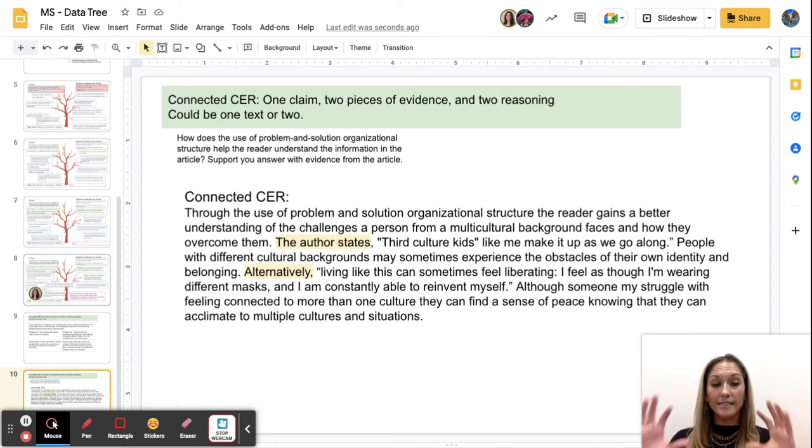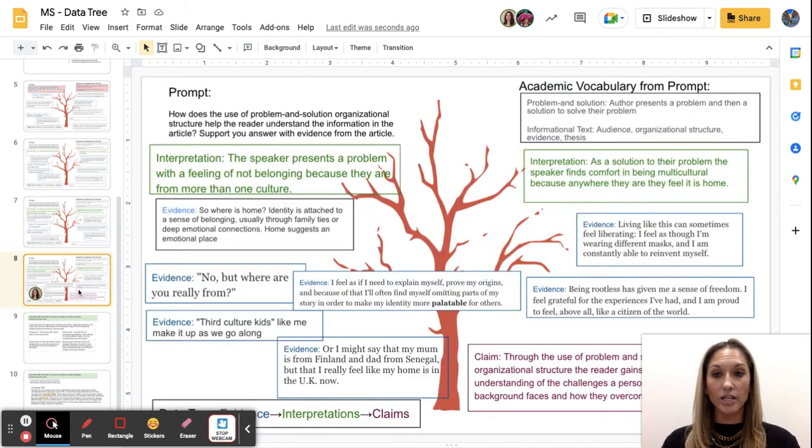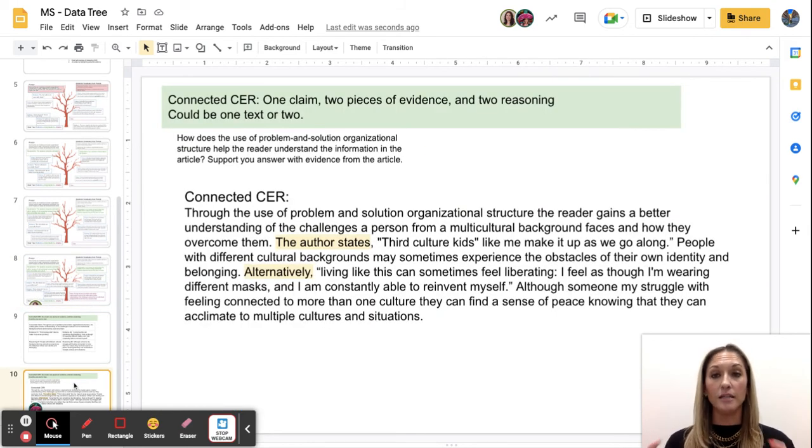Now, this is a completed CER, but I think it's also important to remember that this connected CER strategy is a building block to a full analytical essay. So as we move through the curriculum and start building these skills toward a full-blown essay, this would then become a body paragraph for a full analytical essay.